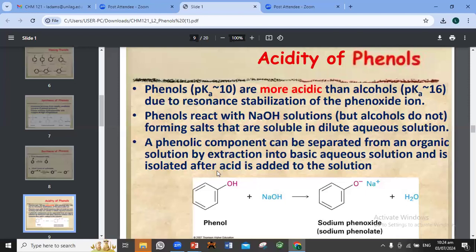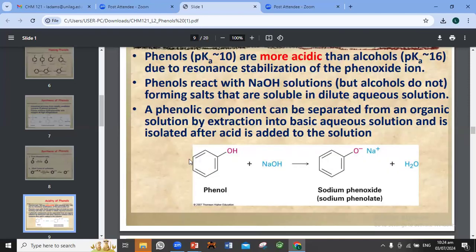If you look at this scheme here, you can see phenol with sodium hydroxide. The sodium can substitute the hydrogen to give you the sodium phenoxide. This is a phenoxide. Phenol with the oxygen negative is called the phenoxide ion.